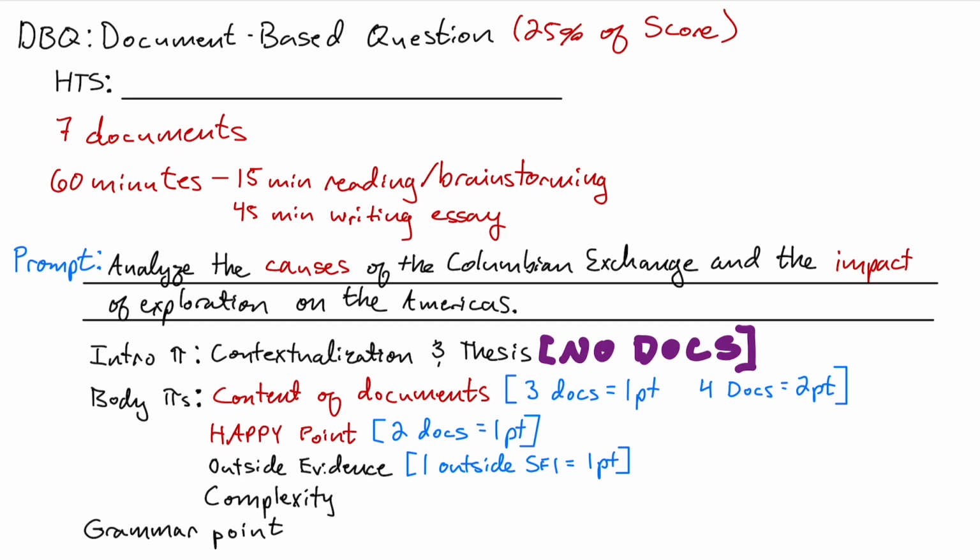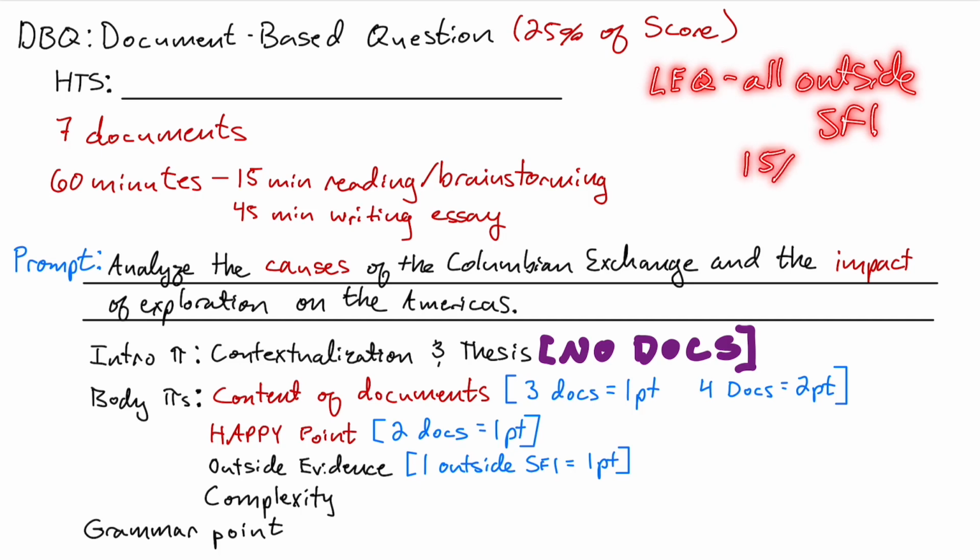With an LEQ, you're supposed to use the knowledge that you have from your lessons and from the curriculum and studying in order to answer the prompt, like say, what were the causes and effects of the Columbian Exchange? So that would be an LEQ prompt where you don't have any documents. You just have to know what the Columbian Exchange is and what were the causes, what were the effects of that. With the DBQ, you're going to have 7 documents.